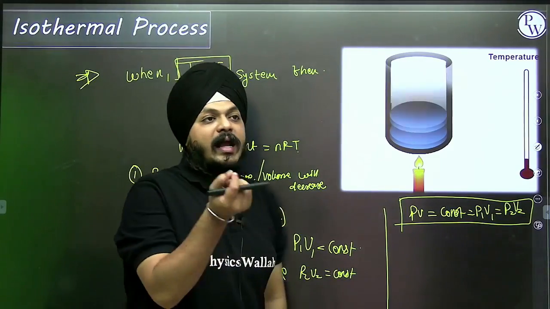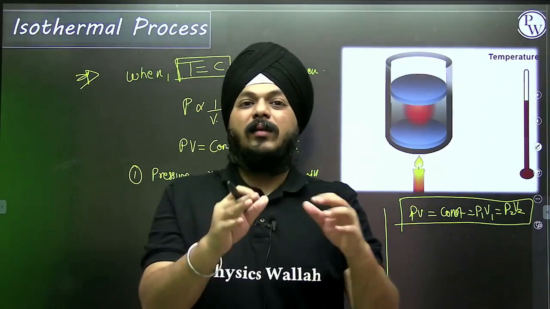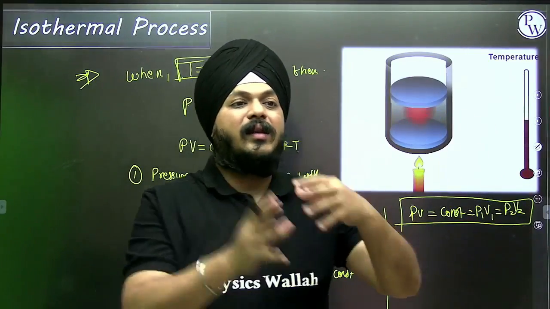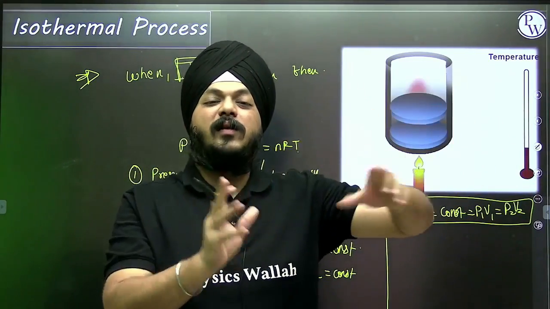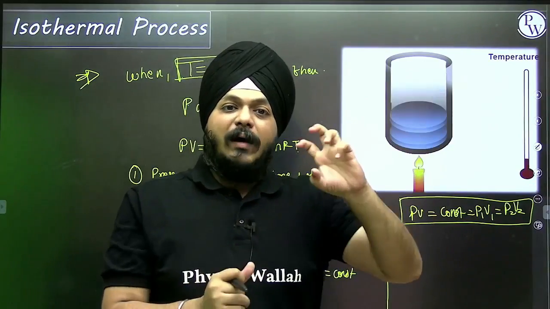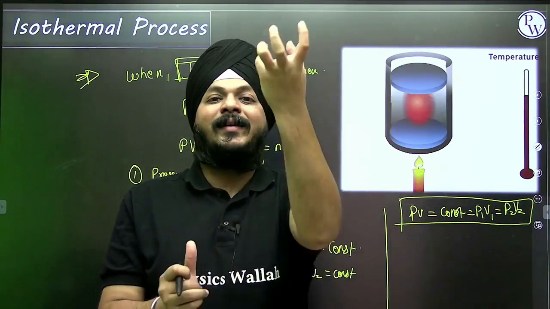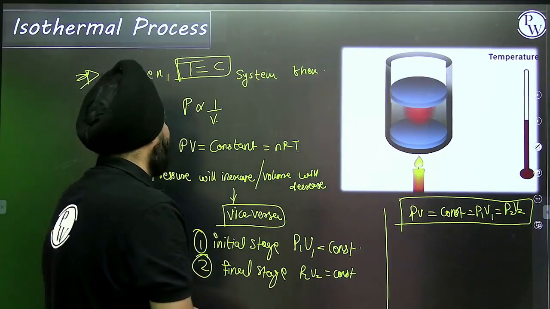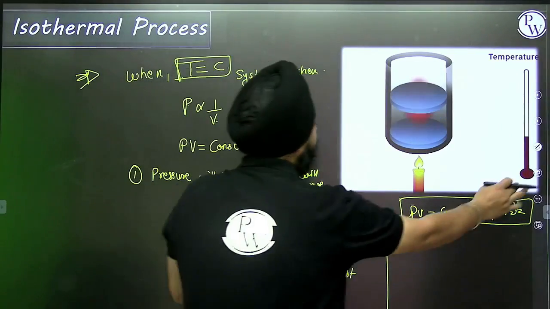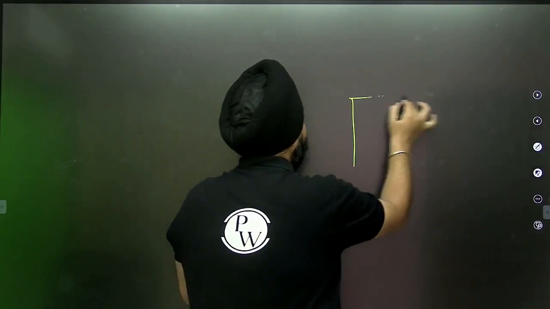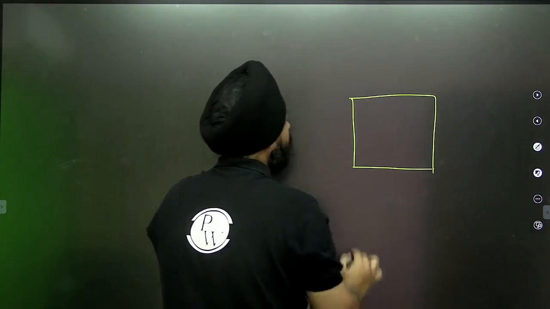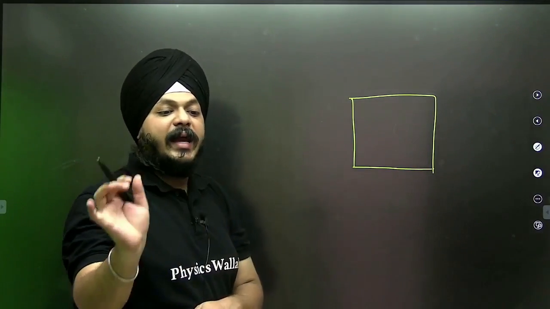Now, let us take an example. Okay, let's keep this aside. That is because of the temperature difference, the heat flows. Now I'm talking about a system that contains an ideal gas.